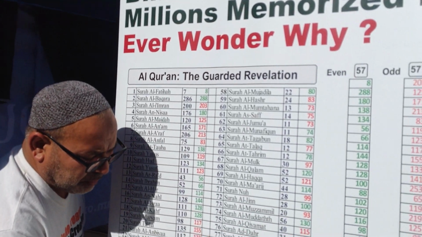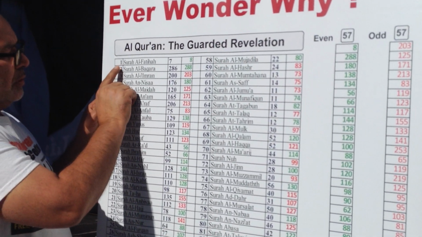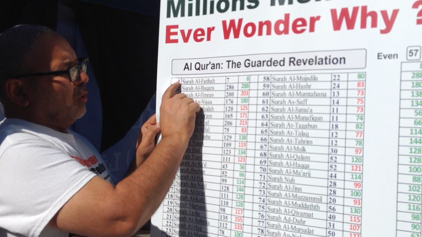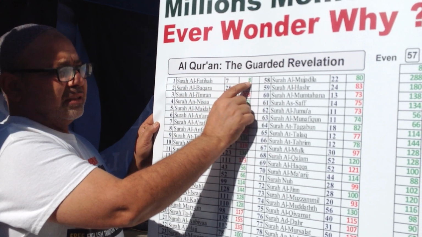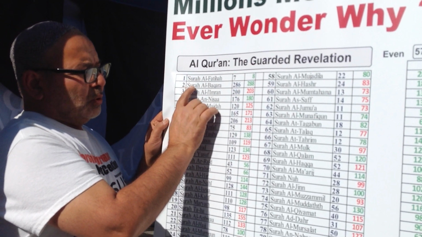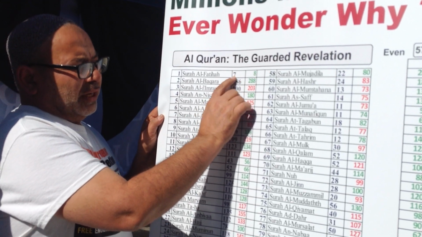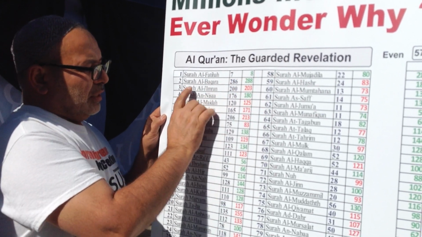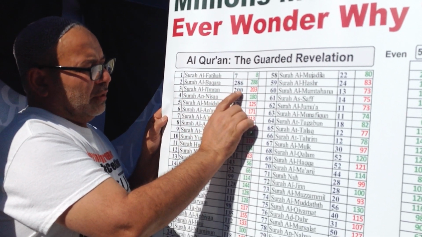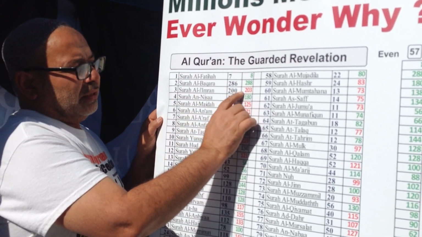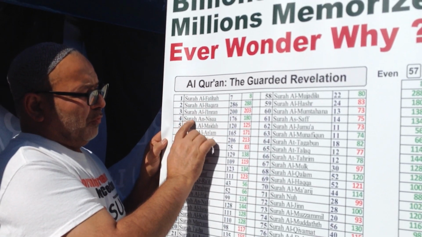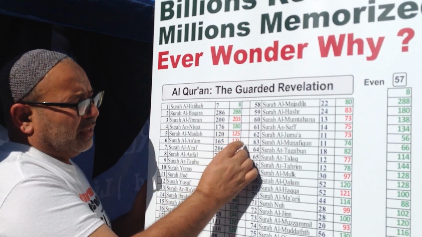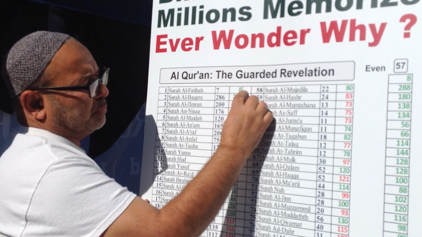We add the chapter number and its verse count: chapter 1 has 7 verses, 1 plus 7 is 8. Chapter 2, 2 plus 286 is 288. Chapter 3, 200 plus 3 is 203. Chapter 4, 176 plus 4 is 180.